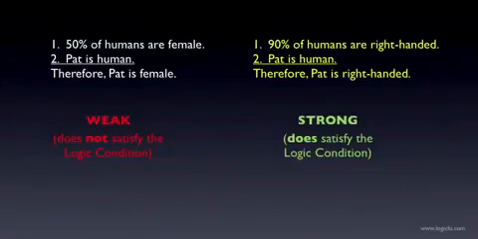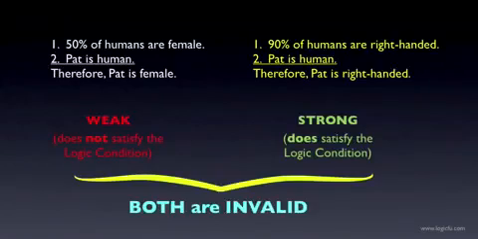The argument on the left is what we call a logically weak argument. It does not satisfy the logic condition, and so it can't be a good argument. The argument on the right is a logically strong argument. It does satisfy the logic condition, so it can be a good argument. This is what distinguishes these two arguments, but note what they have in common. They're both logically invalid.